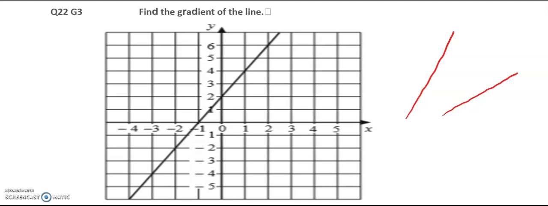So if we're thinking of a hill, I've projected the steepness of two different hills. Moving just 1 meter across, for example, how high would you go if you were walking up this hill?